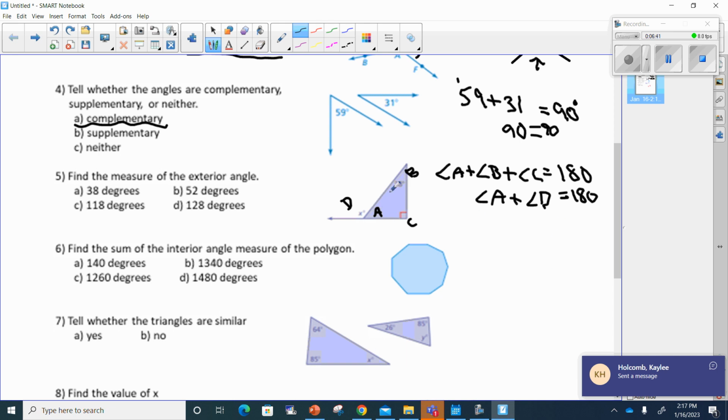Well, the thing that's in common is here, angle A. If I remove angle A and I remove my 180s, we're just going to subtract everything. If this is 180 and this is 180, and I remove A from both of these sides, well, let's just go ahead and look at it. Since they both equal 180, I can say that angle A plus B plus C equals 180, and angle A and D equal 180, so I could put angle A and angle D.